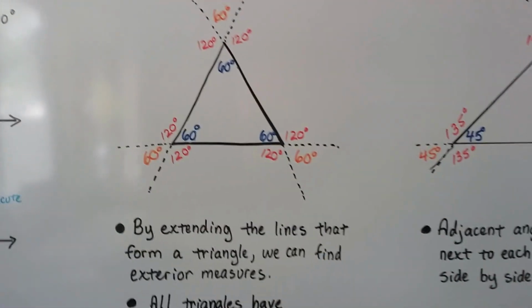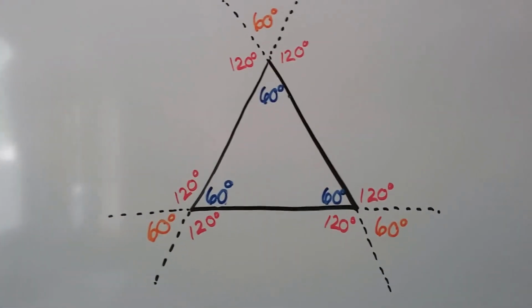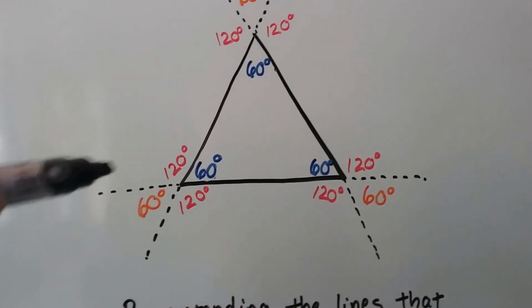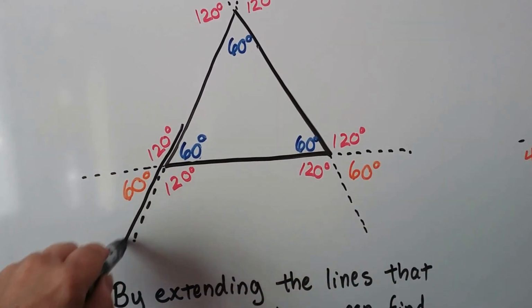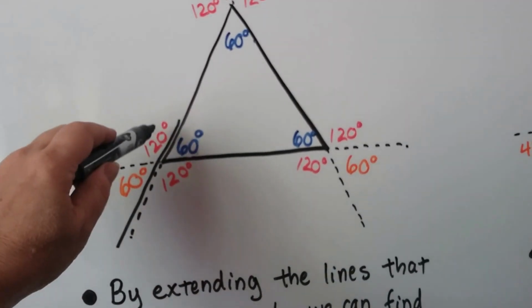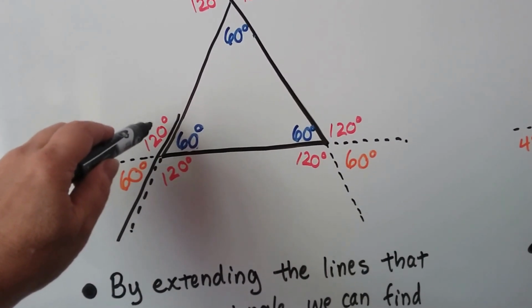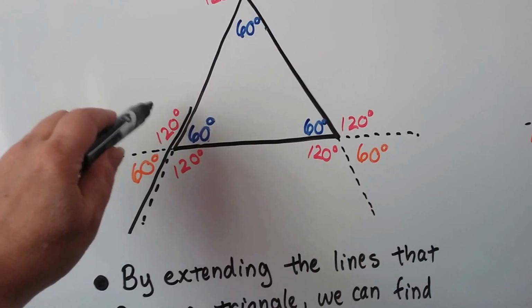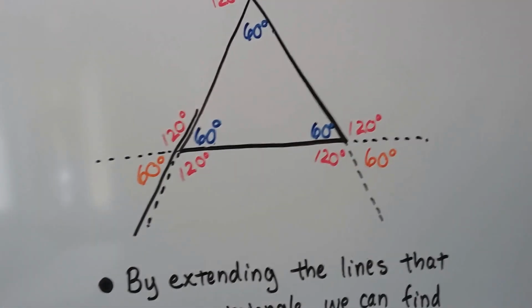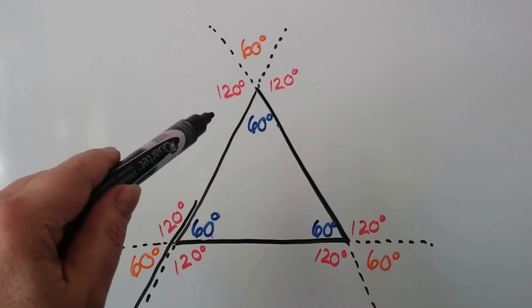So by extending the lines, I can see these adjacent angles. So we can look at this one right here. This 60, if this was a missing measure, we would know that this obtuse angle would have to be 120. And if that's 120, that's 120. See?